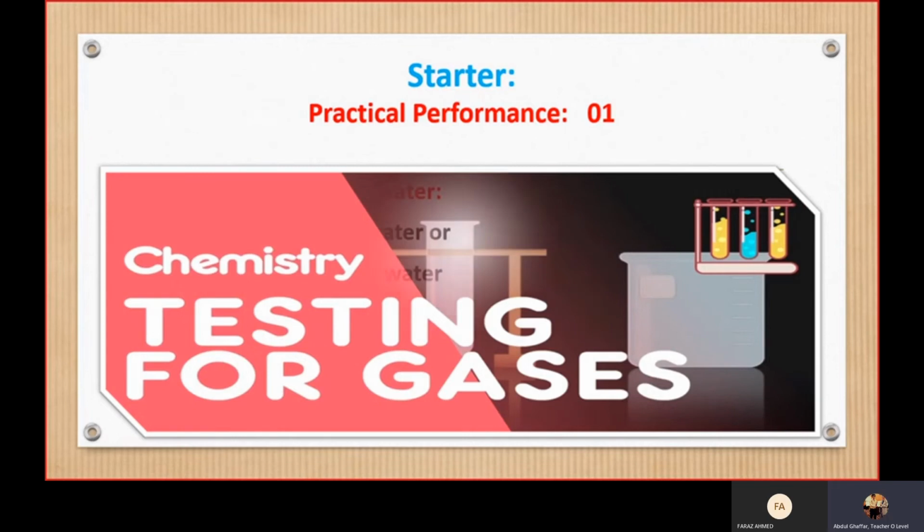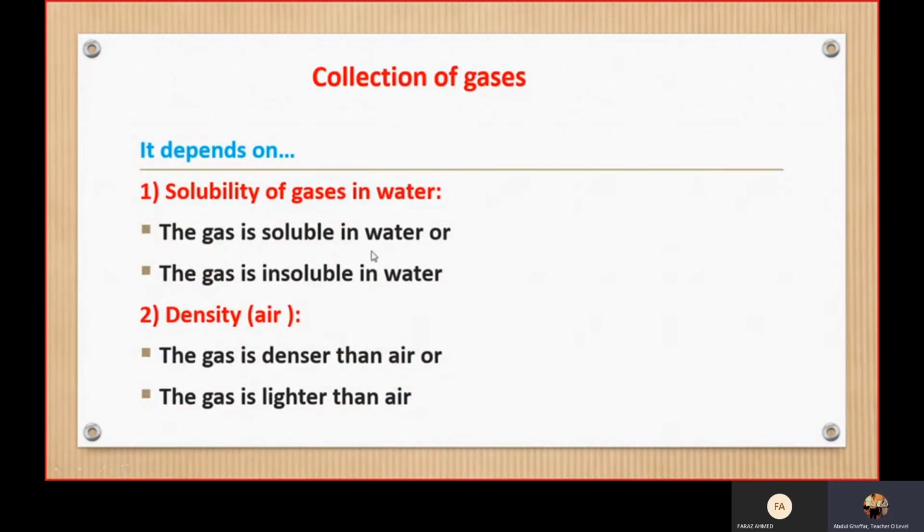Identification, collection of gases, right? So look at this one, Faraz. For the collection of the gases, as you know, it depends on two main points. Number one is the solubility of gases in water, whether they are soluble or insoluble in water.